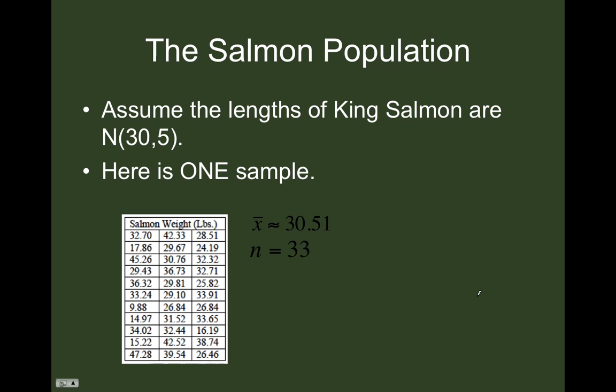Now, if we're going to make a decision based on this sample, remember that this sample mean is an average, the mean of all of these weights. So as a measure of typical, it's much better than one fish for sure.